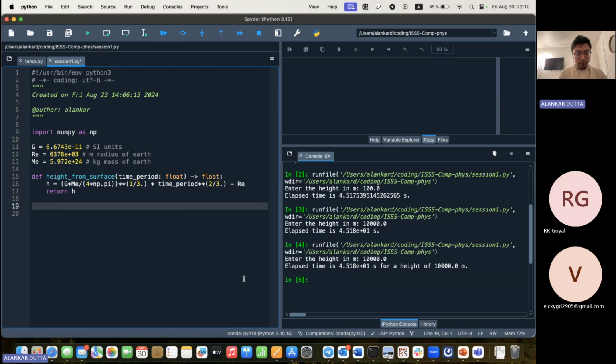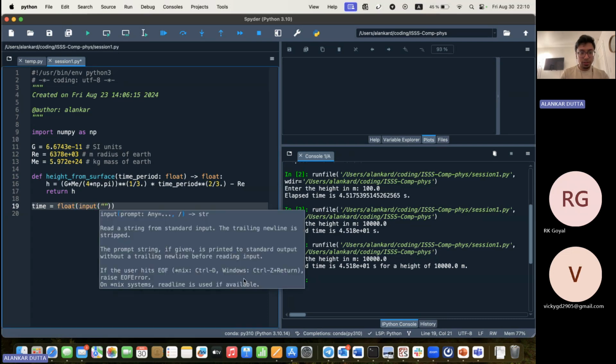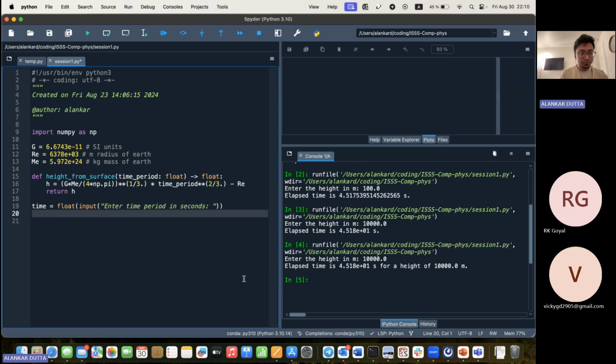So now let's say we give time is equals to float, because we want to convert this to float, and under the float we will give an input and we'll give "enter time period in seconds". Right, so this is what we are going to take in from the user, and since we have got the time already, so we will just give the height.